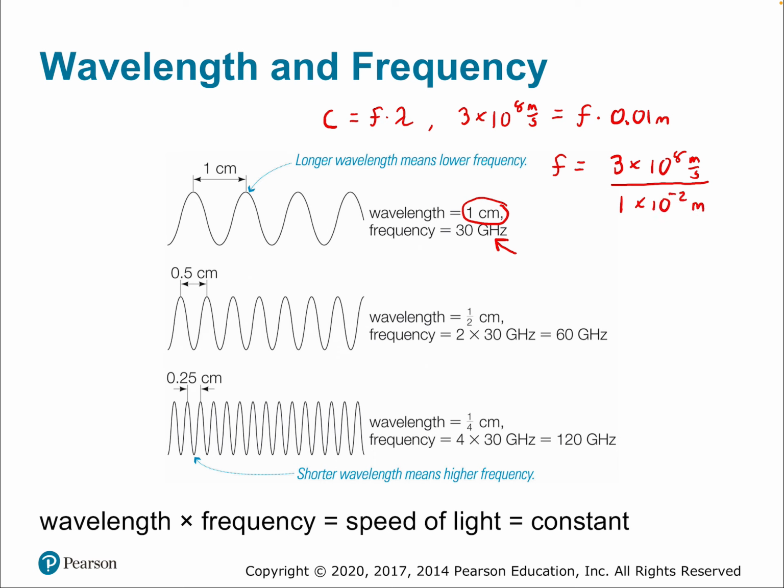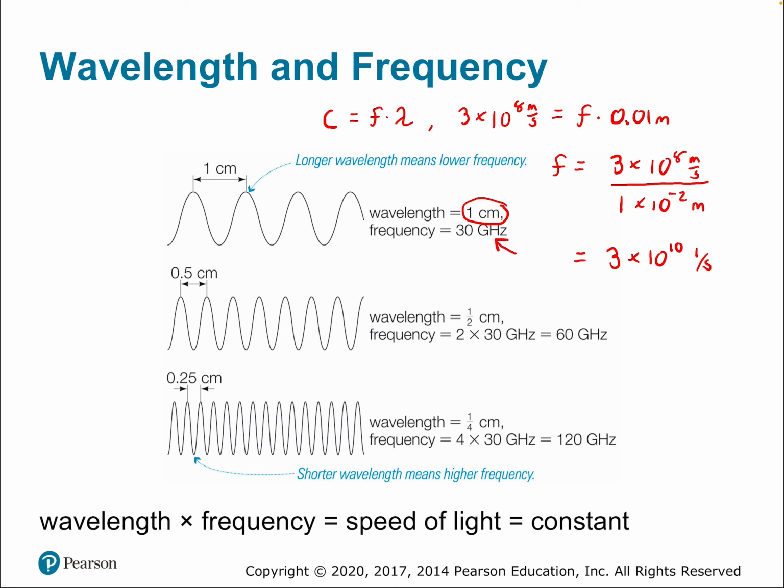If I'm taking a 10 to the 8 and dividing by another 10 to the negative 2, I'm going to get a 10 to the 10. So then I have 3 times 10 to the 10, and my meters canceled, so I'm just left with 1 over seconds, precisely the units of hertz. So good there.